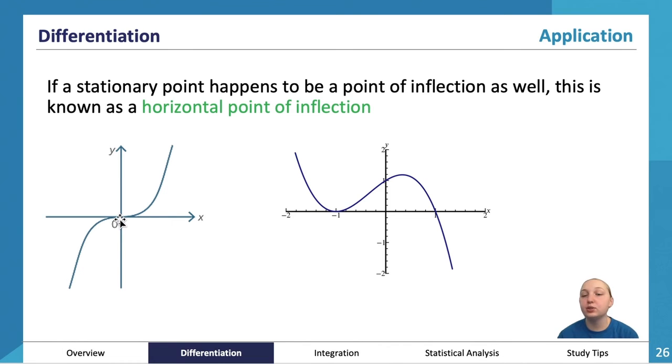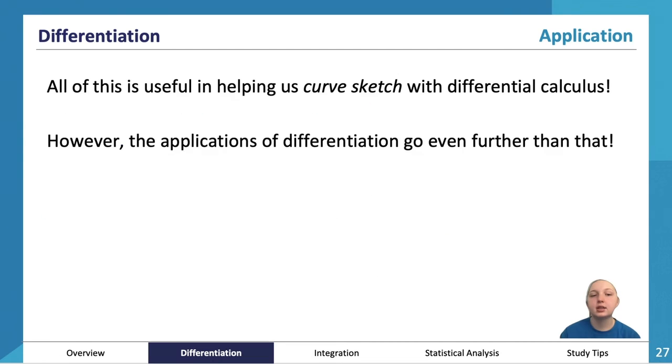This stationary point is also a point of inflection, and therefore you call it a horizontal point of inflection. Same thing, there'll be a point about here as well, where you've got a point of inflection, but at this point it's not stationary, which means it's not going to be horizontal. Okay, that's really all there is to that.